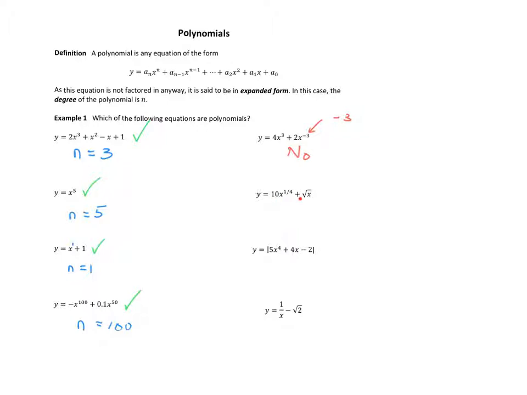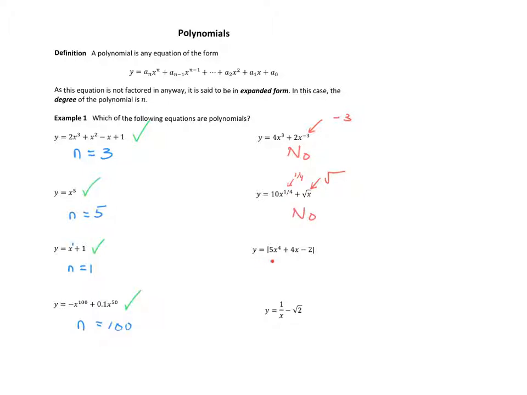We have a 10, there's a 1 that's not written here, but the issue is 2 things. Here we have a square root, and nowhere in this definition is there a square root. And furthermore, this time we have this 1/4 exponent, and in this definition, all of the exponents are positive integers. So there are 2 things that go wrong in this example, so nope.